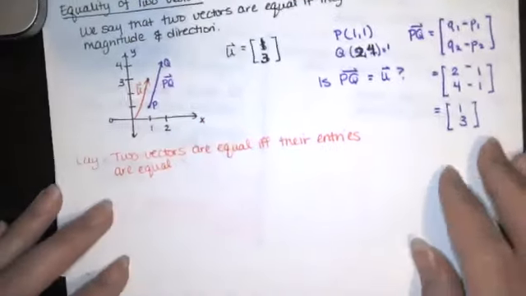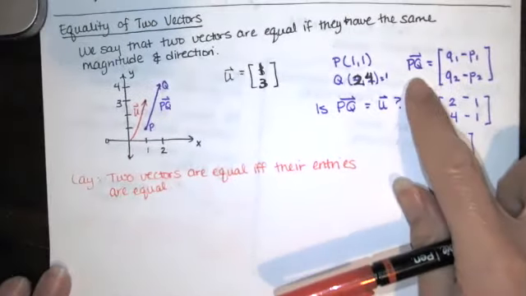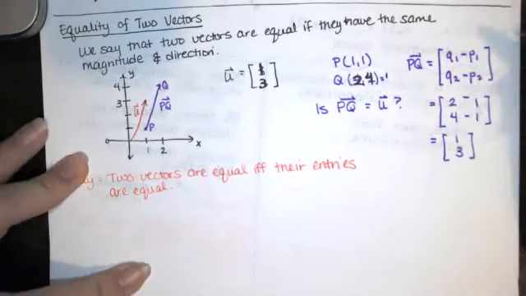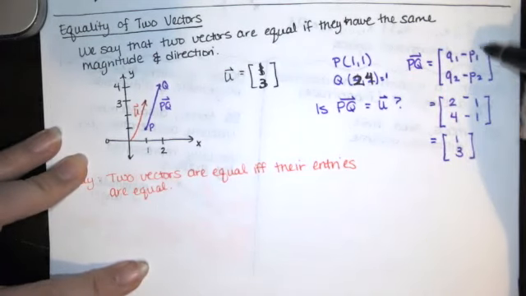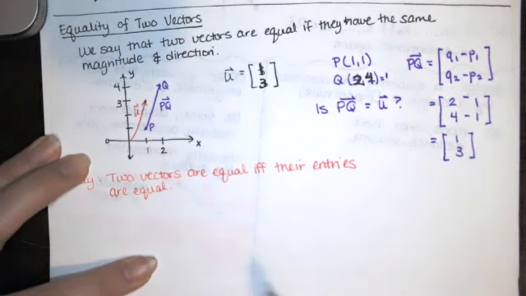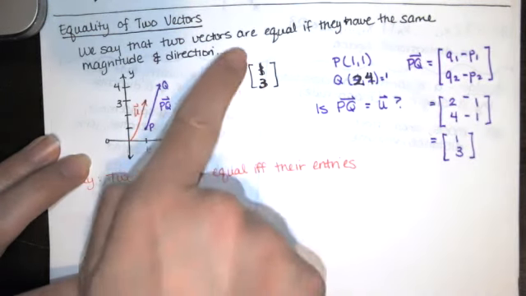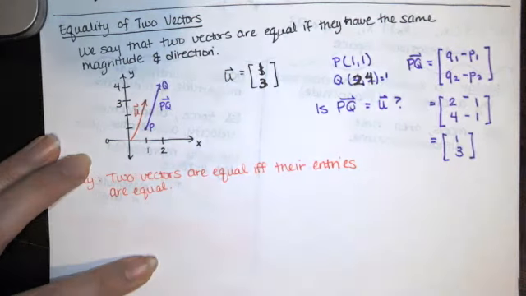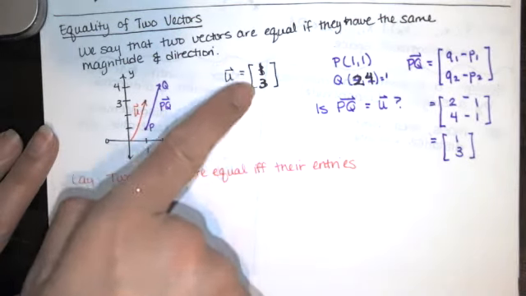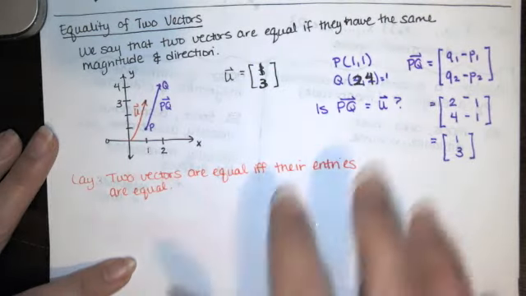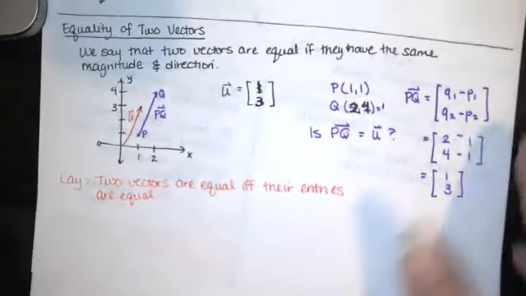We find the entry of the vector from P to Q using this formula, taking the coordinates of Q and subtracting the coordinates of P. We can see that this vector 1, 3 is the same as this vector with components 1 and 3. The entries are 1 and 3 here, and 1 and 3 there, so the vectors are equal to each other.